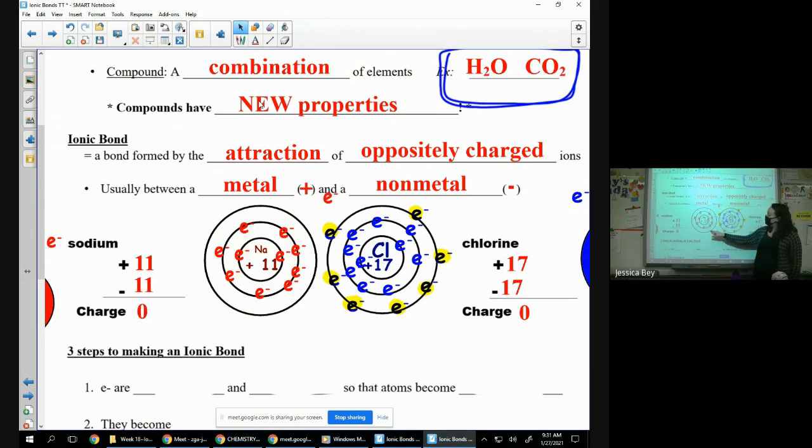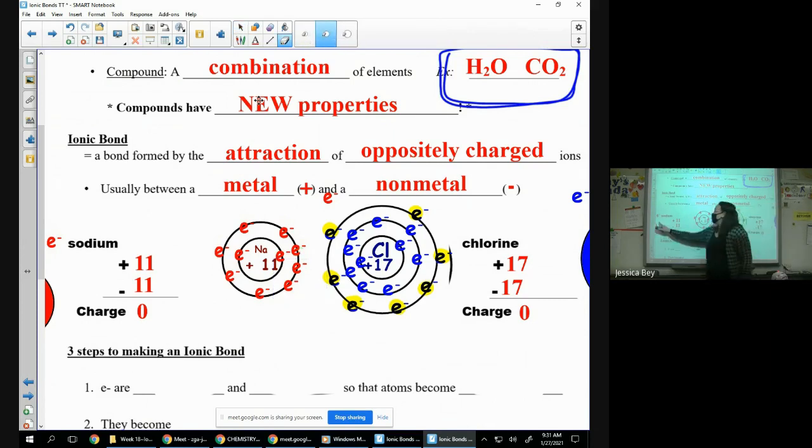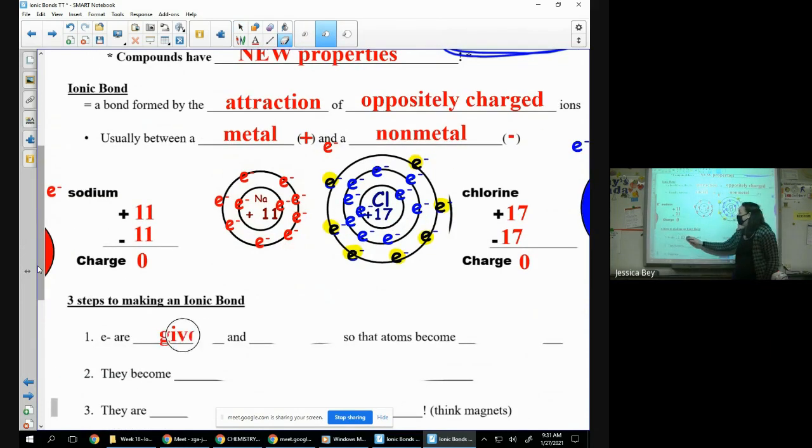And what that effectively does is that takes away that entire ring. So now he has 1, 2, 3, 4, 5, 6, 7, 8 valence electrons. Is he happy with 8? Yes. Okay. So the first thing is electrons are either given, which that's what sodium did. He gave away an electron.